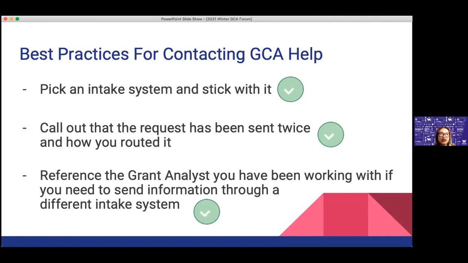Because sometimes people don't like to just attach it to Grant Tracker. They also want us to maybe respond on that same email. If you put attention to the grant analyst, everyone will know, hey, that's for that specific GA, hands off. So again, if you do have to use more than one intake system, please reference that grant analyst you've been working with, so we can better help triage and let them know, hey, you just got this email, and they'll be able to jump in and start working on that.